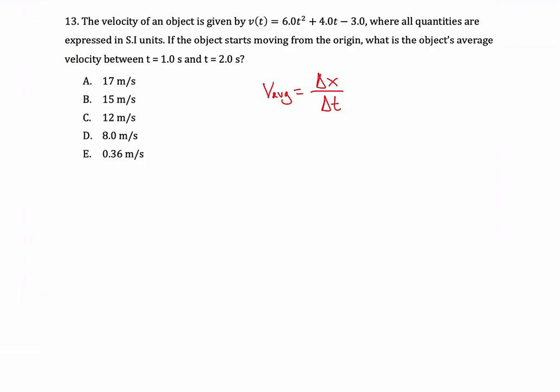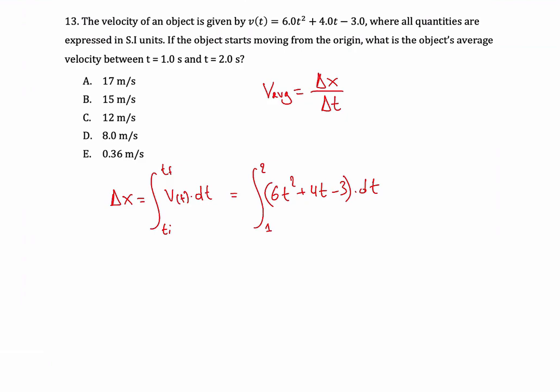So first we need to find the displacement, and then we can find the average velocity. The displacement is the integral of the velocity dt from initial time to final time. Now we can use our calculator to open an integral from 1 second to 2 seconds of 6t squared plus 4t minus 3 dt. In the calculator we're going to use x instead of t, but we're going to find the same answer.